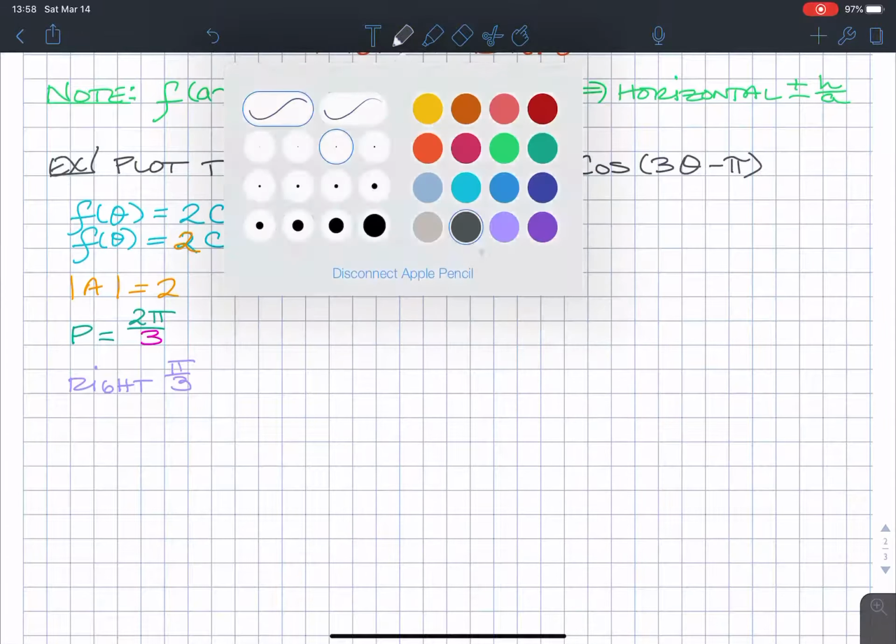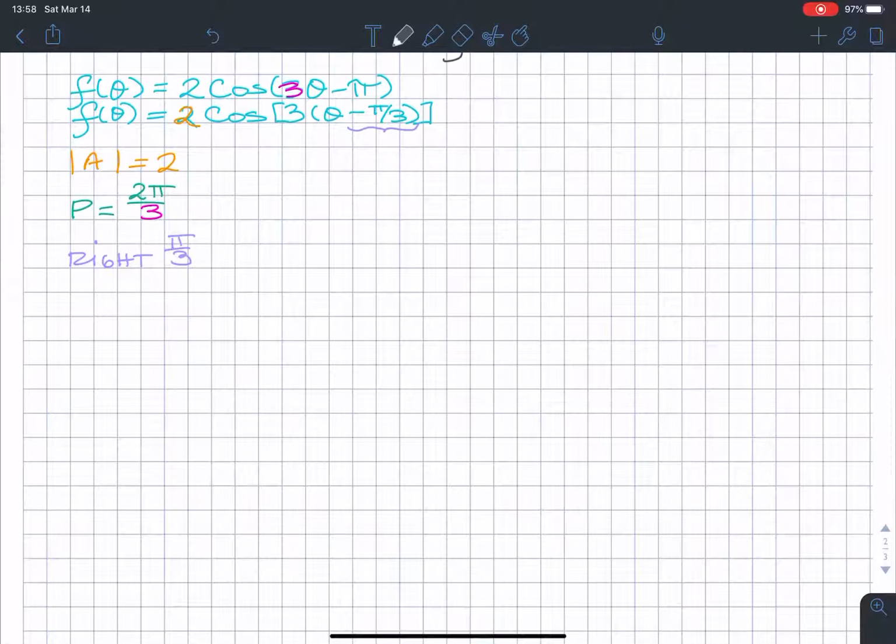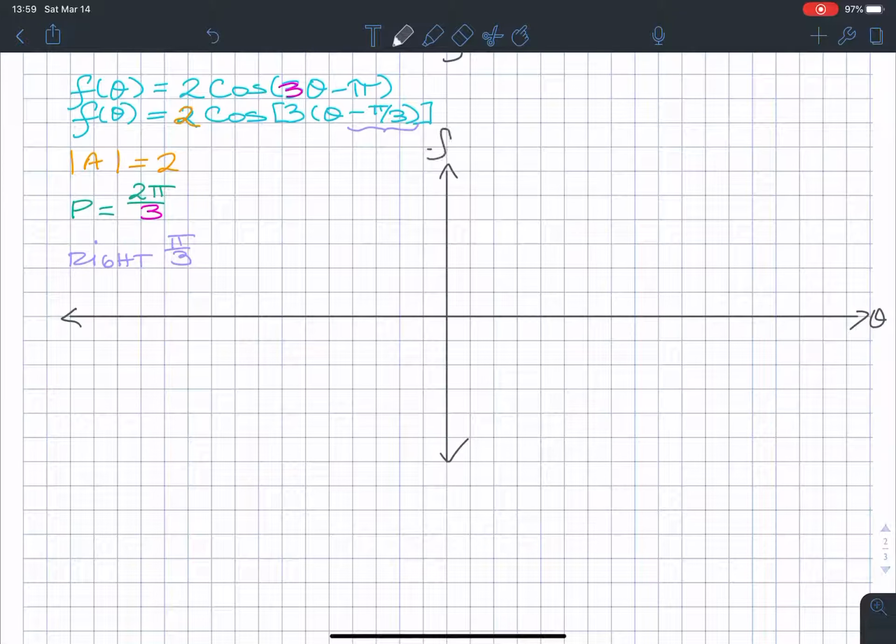So let's go ahead and plot this. Theta versus f of theta coordinate axes. Hopefully I have enough room here. I'll make my quadrants a bit smaller. Let's do 1, 2, 3, 4 with an extra 1 attached. 1, 2, 3, 4.